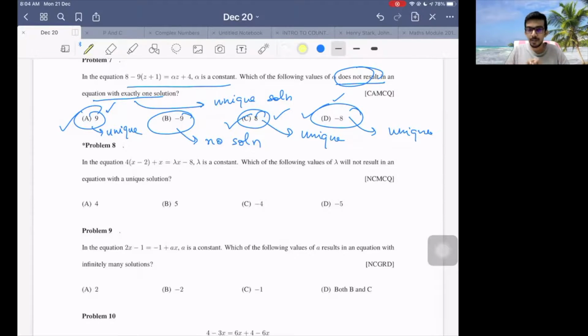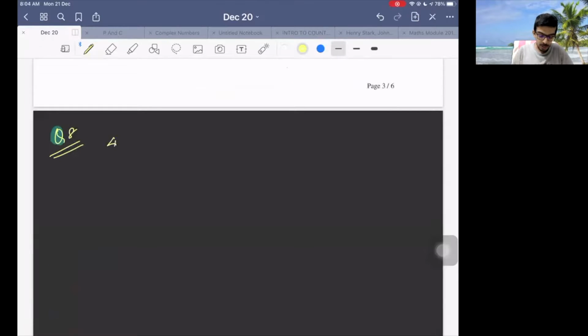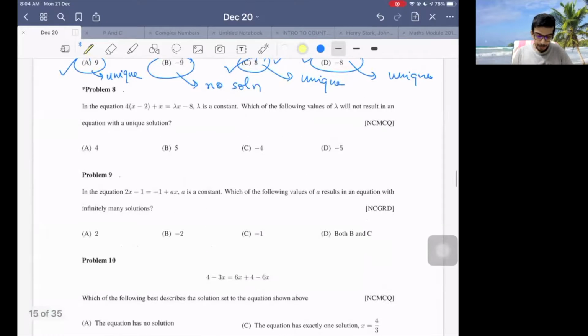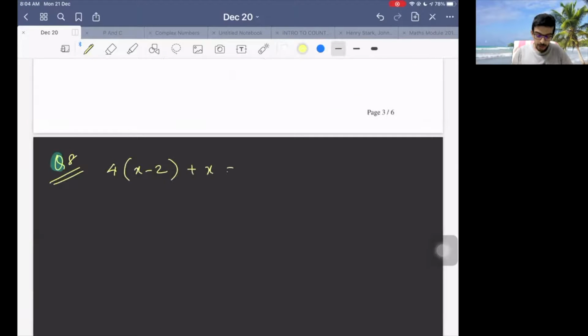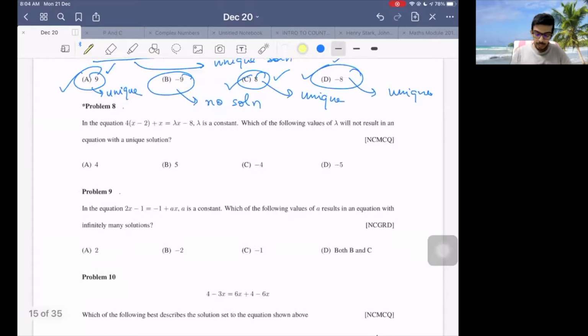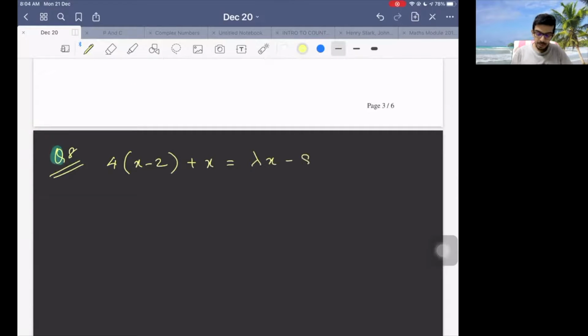So our first step is convert this equation into standard form. If there are brackets, you have to expand them. If there are like terms, you have to combine them. So our question is 4 times x minus 2 plus x is equal to lambda x minus 8.